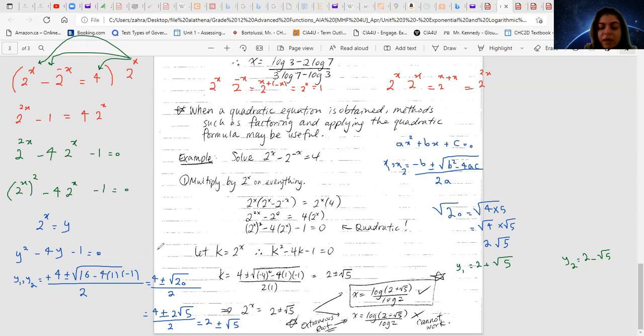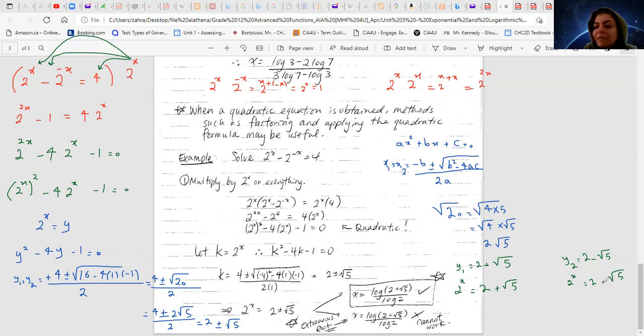The y was 2 power x. So instead of the y, I put 2 power x equal to 2 plus the square root of 5. And here again, 2 power x equal to 2 minus the square root of 5.